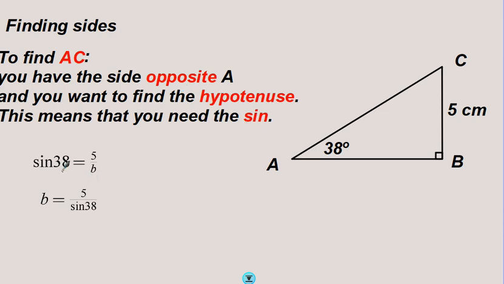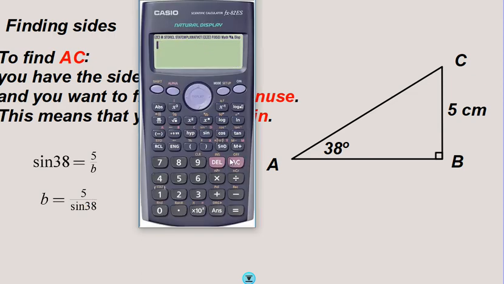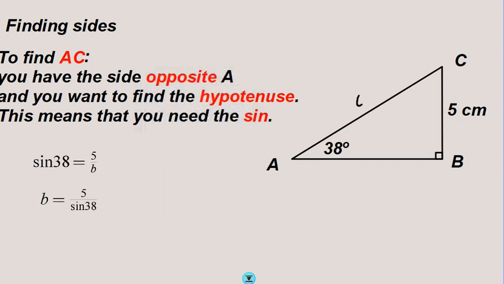So we write sine 38 equals the opposite, which is 5, divided by the length of the hypotenuse, which is little b, because it's opposite the vertex B. By cross multiplication, we get b equals 5 over sine 38, and again 5 divided by sine 38 equals 8.12 centimeters. And if you check, this is the answer that you get by Pythagoras as well.